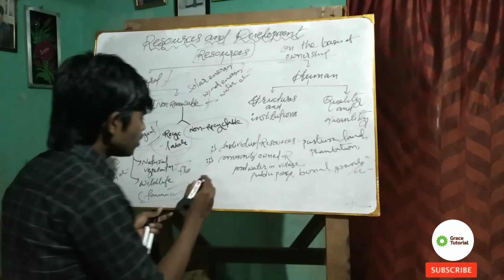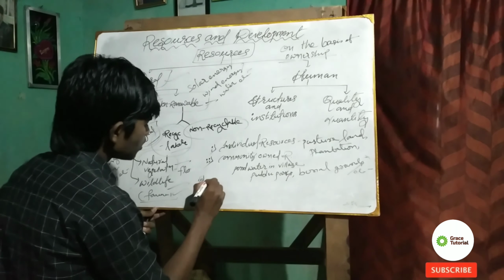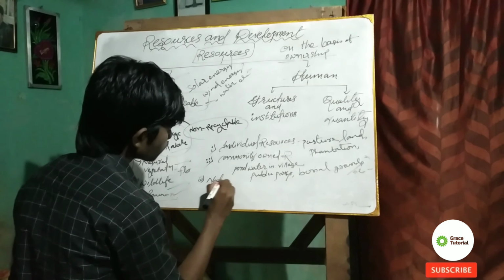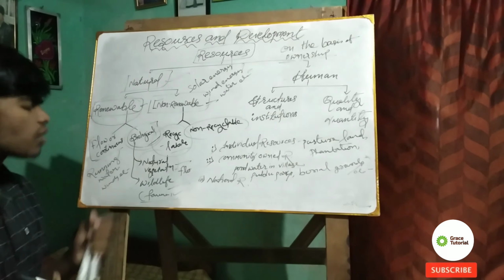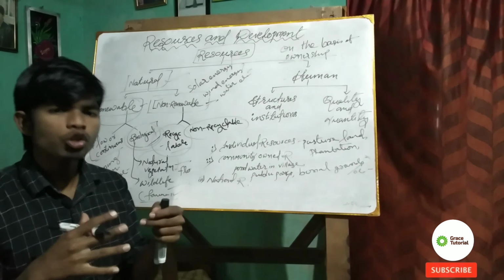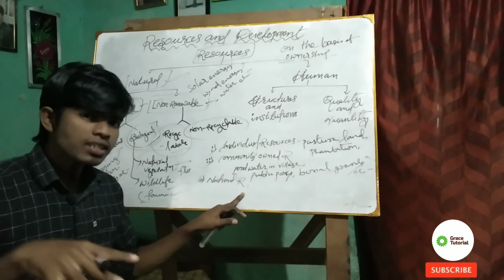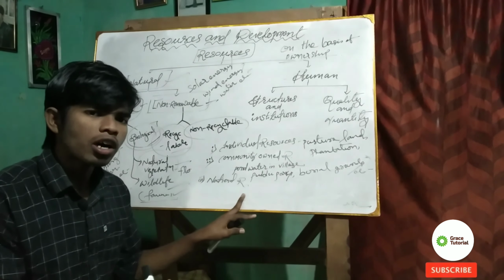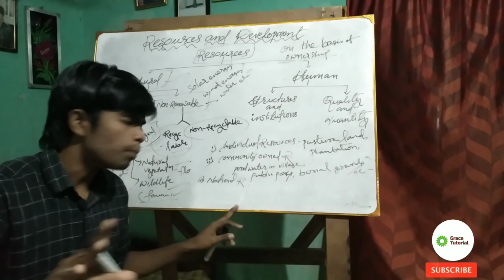And we also have another type of resources on the basis of ownership, that is national resources. So what do you mean by national resources? The resources which are owned and controlled by the nation or the country are called the national resources. The nation's government has the legal power to acquire even private property for the welfare of the public.